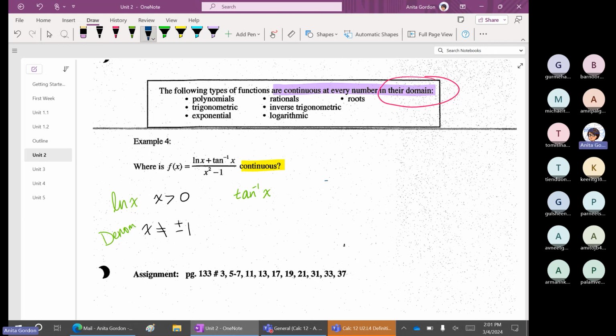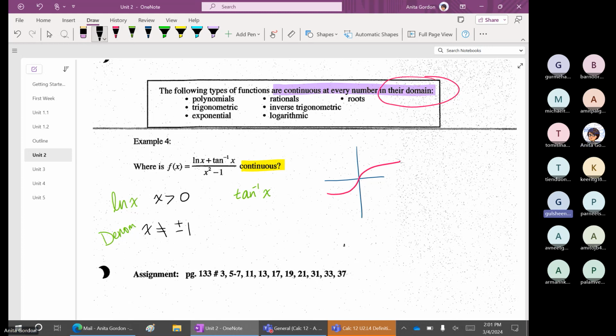Again, think of a picture. What does the picture of tan look like? Kind of like that, right? Inverse tan means I flipped it on its side, so what does it look like now? So what's my domain?